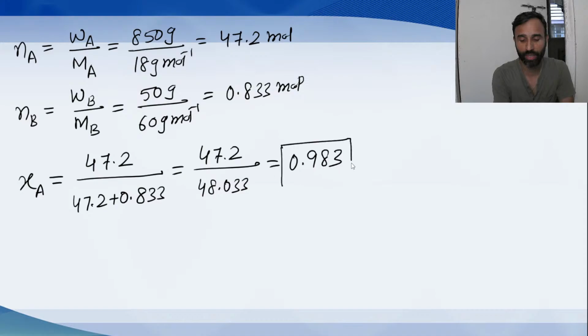So this is the mole fraction of water. And what is the mole fraction of urea? Obviously it is 1 minus XA.